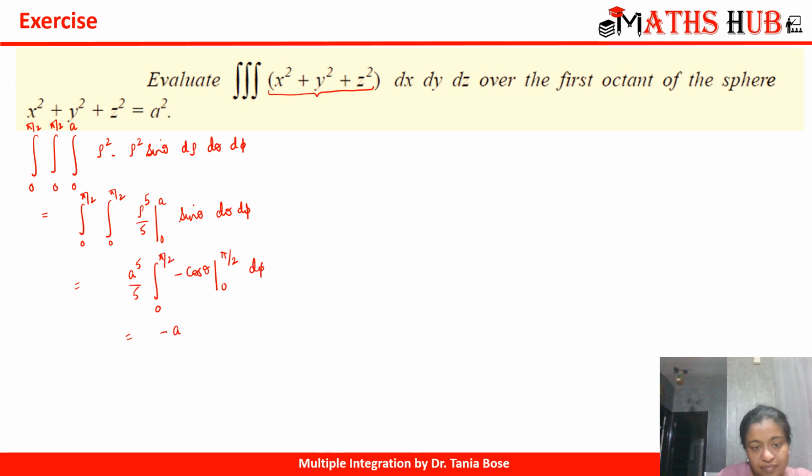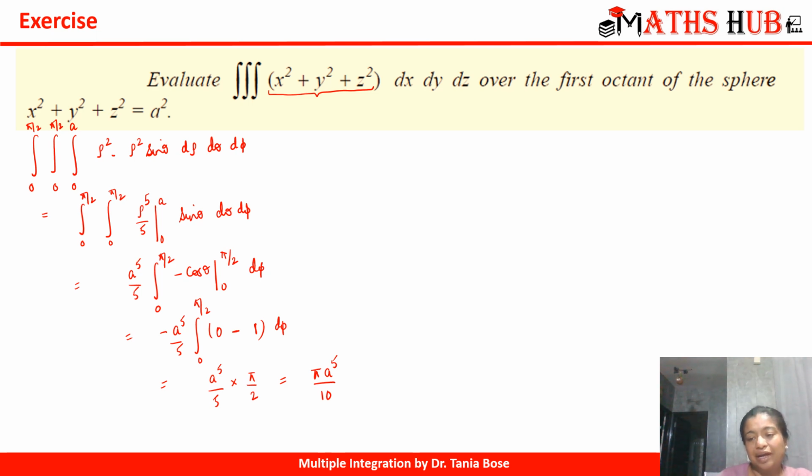So I can take out minus sign common. I'll get 0 to pi by 2. Cos pi by 2 is 0. Cos of 0 is 1. So the negative sign will become positive. A to the power 5 by 5. Integration of d phi is phi. Limits from 0 to pi by 2. So we get the answer as pi a to the power 5 divided by 10.